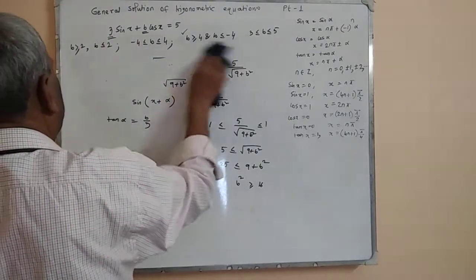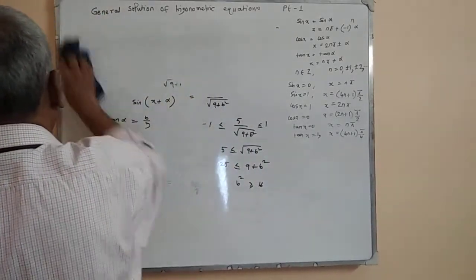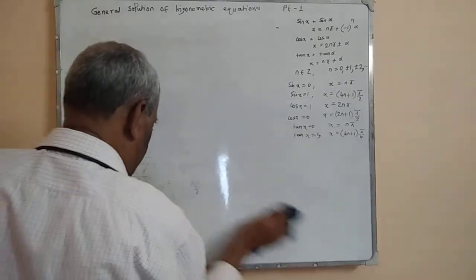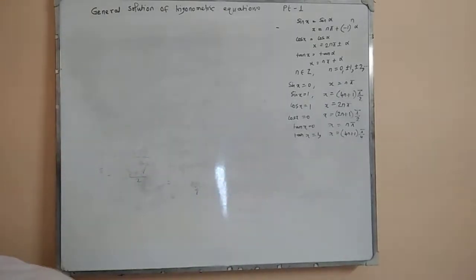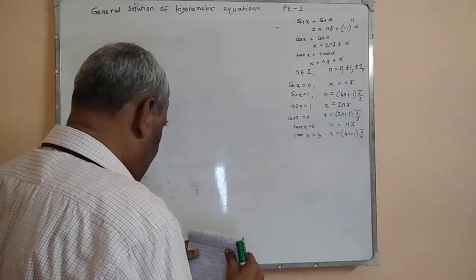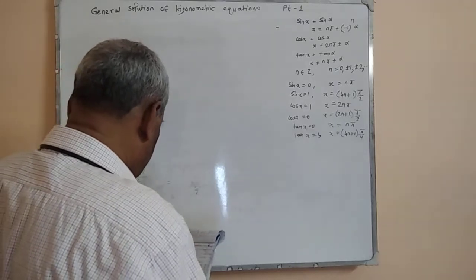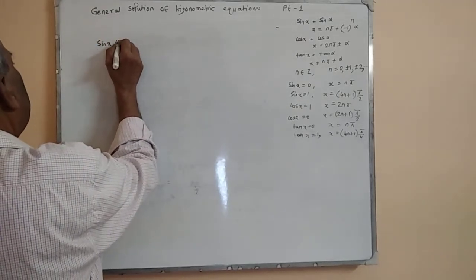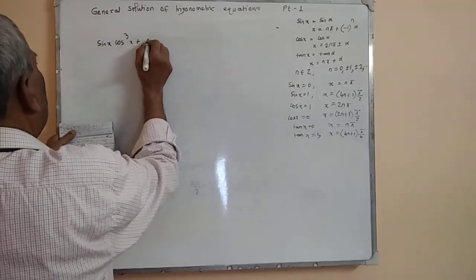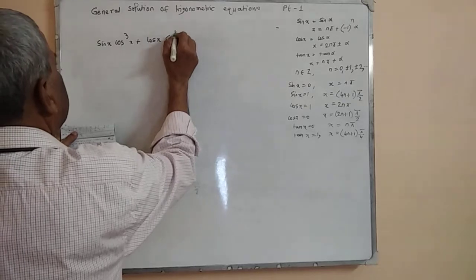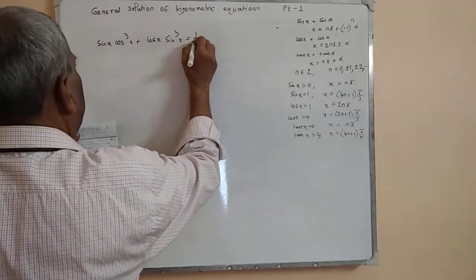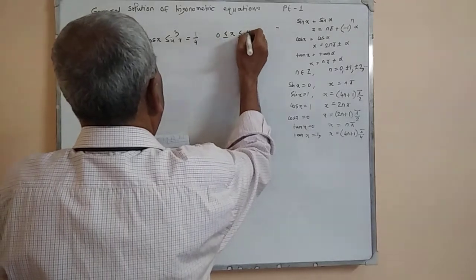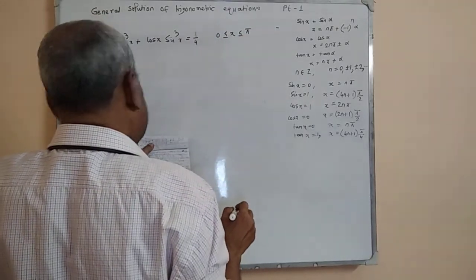Now, next problem. Our next problem is sin x cos cube x plus cos x sin cube x is equal to 1 by 4, and x lies between 0 and pi, then find the value of x.